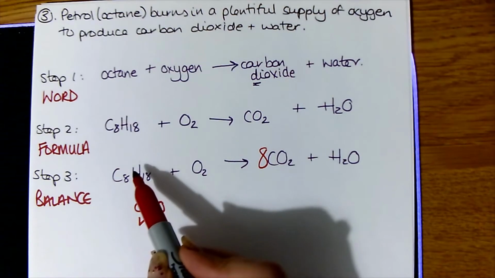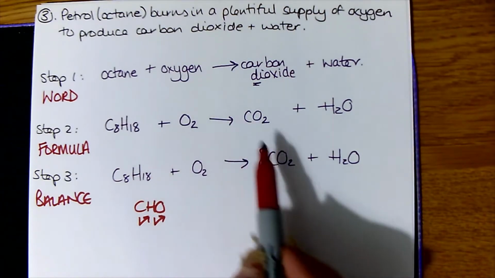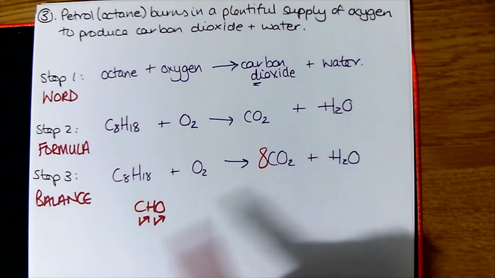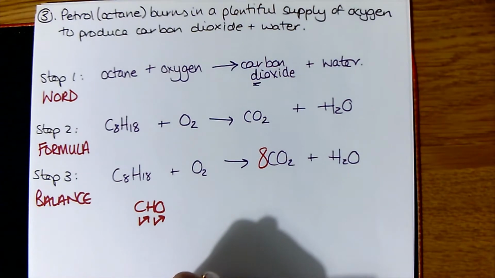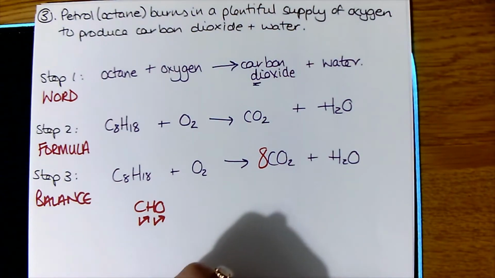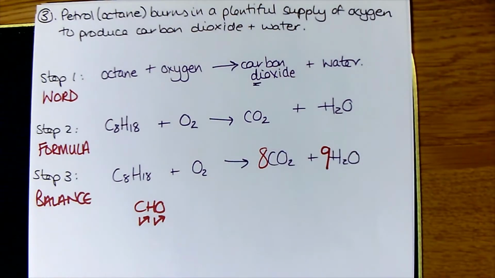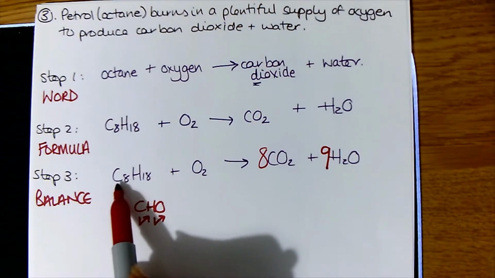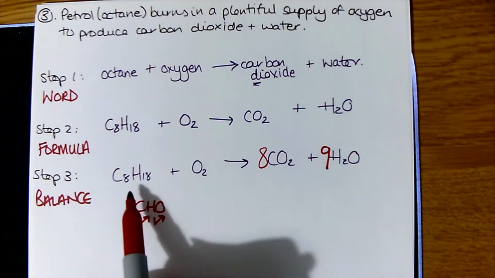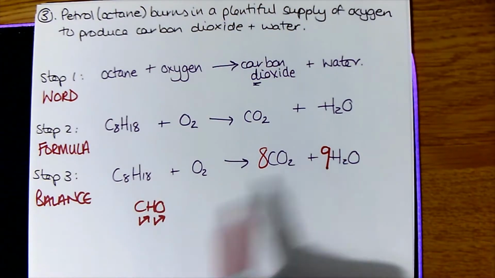Moving on to our hydrogens, we have 18 hydrogens here and 2 hydrogens there. We know that 9 times 2 is 18, so we can put a big 9 in front of this water. And then check: 8 carbons, 8 carbons, 18 hydrogens, 18 hydrogens.